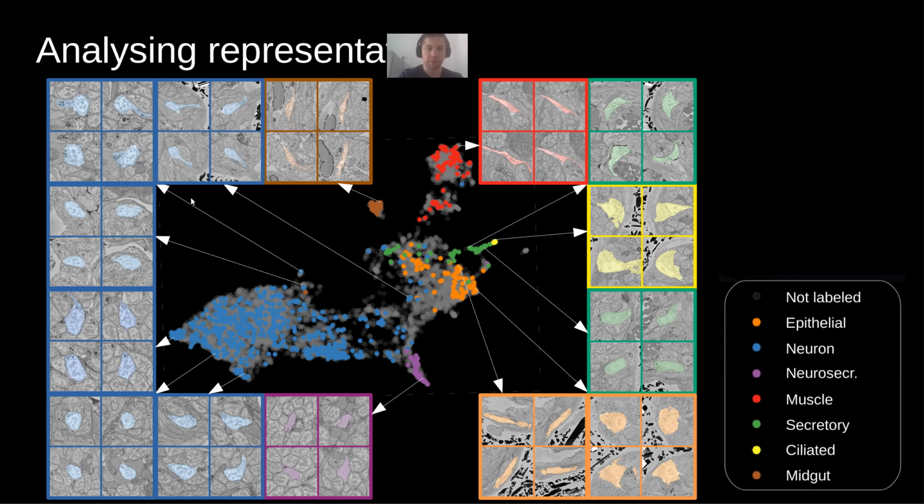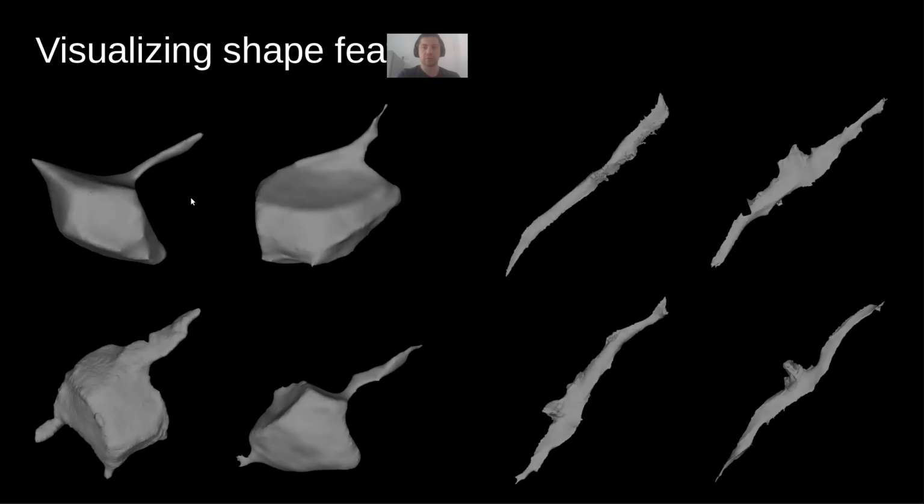So another thing that we wanted to check is if we can actually interpret some of the features that we learned. Here I took an example from the shape features, and I selected one specific shape feature and visualized the cells that have a minimal value of this feature and the maximum value of this feature.